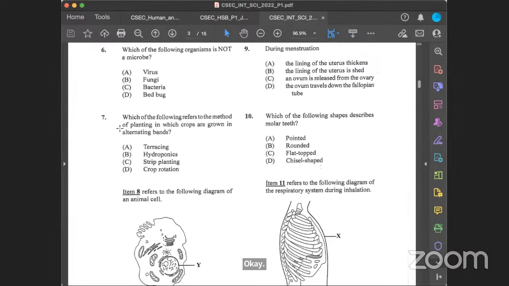Which of the following refers to the method of planting in which crops are grown in alternating bands?